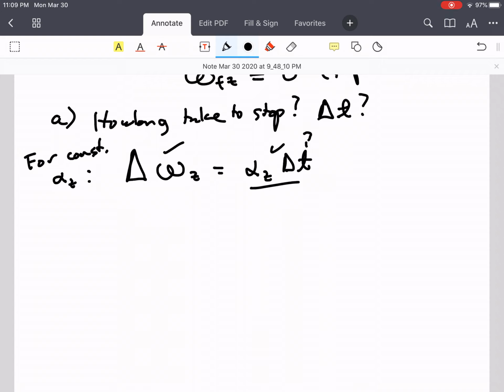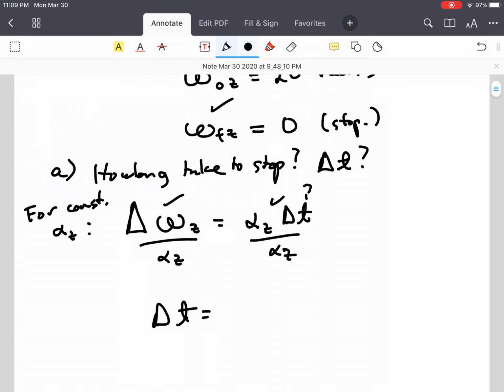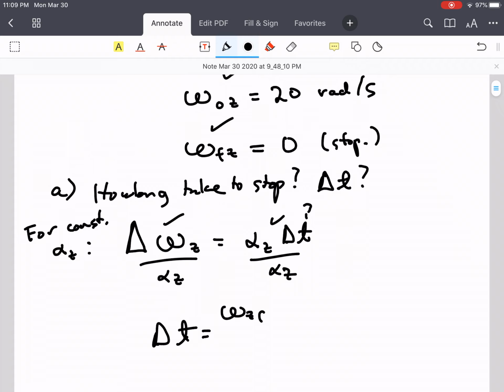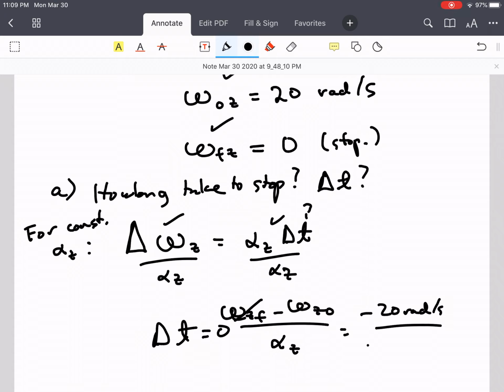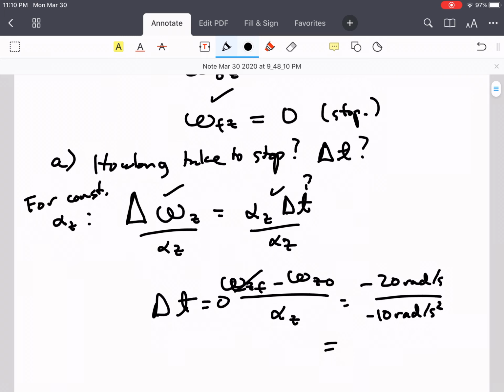So let's divide through by alpha z and solve for delta t, and what I get is delta t is equal to delta omega z, so that's omega z final minus omega z initial, over alpha z. Final is 0. And that's negative 20 radians per second divided by negative 10 radians per second squared. And when you plug in some numbers, this is just 2 seconds. So it takes 2 seconds to stop.